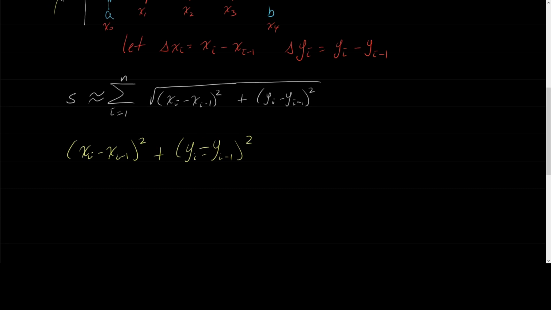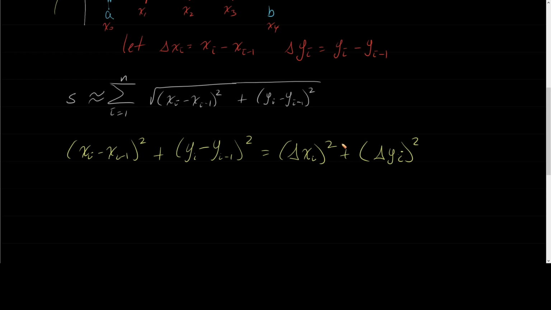In here, we already know the definitions for x sub i minus x sub i minus 1, and so on. So this piece can get replaced by delta x sub i squared, and this piece over here by delta y sub i squared. All right, cool.